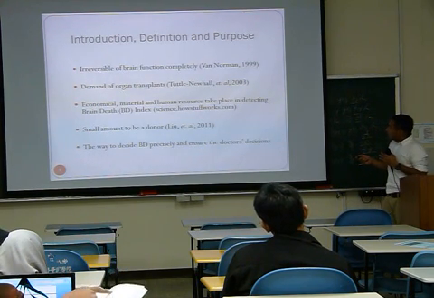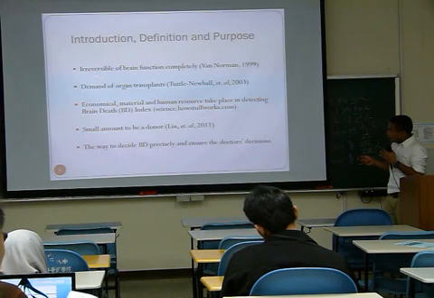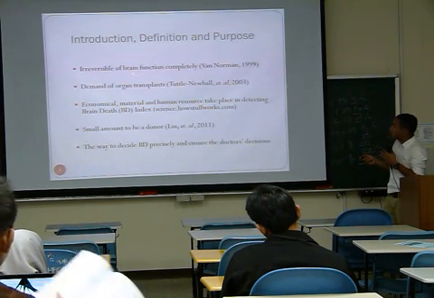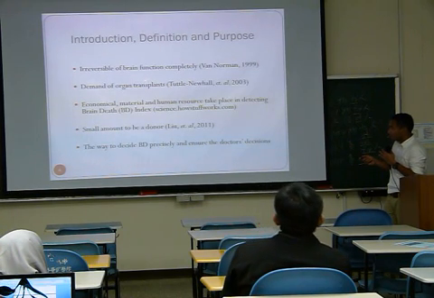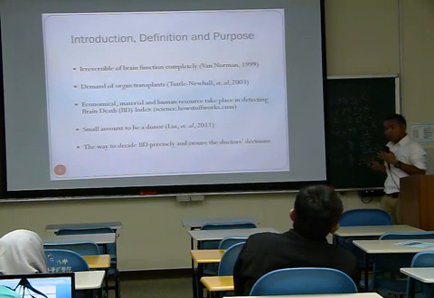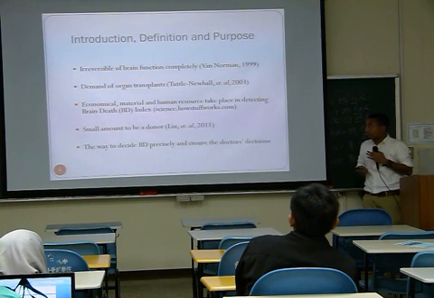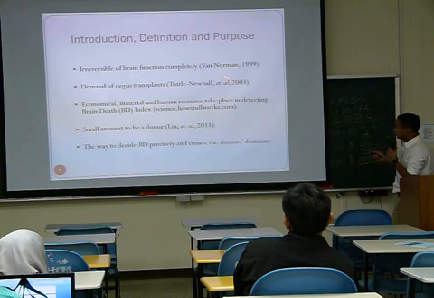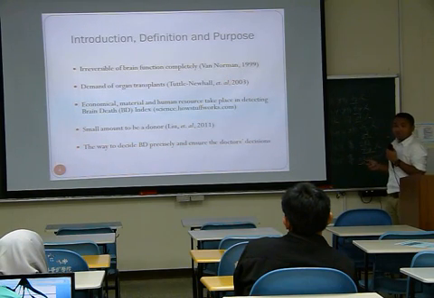This level shows how small or big the brain function loss is, according to the brainless level. This is according to Van Norman. And why should we make this?